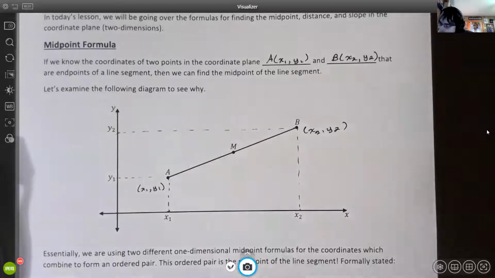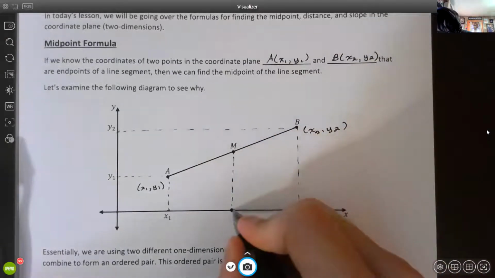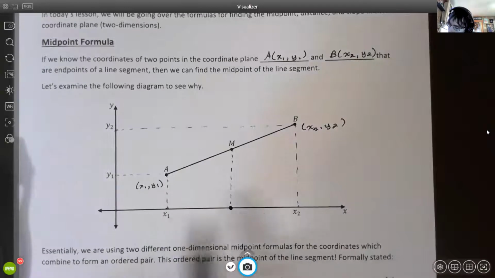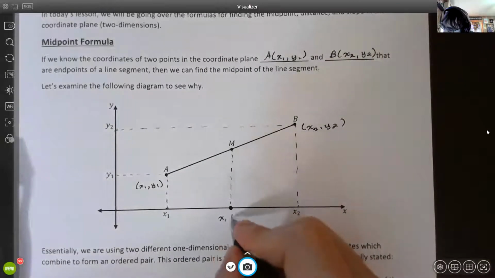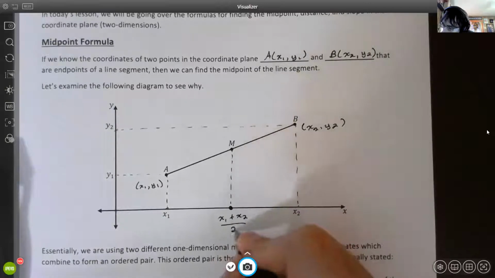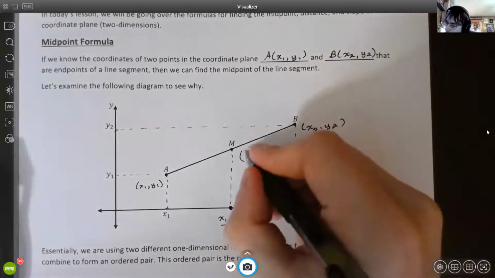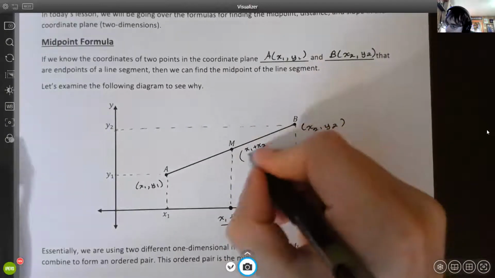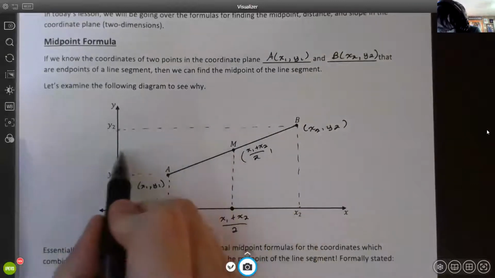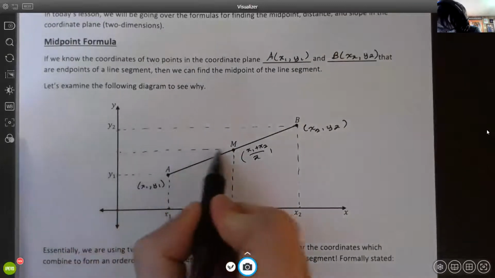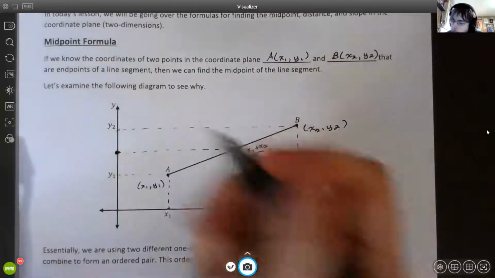So the midpoint here, the x coordinate is found by taking the average of x1 and x2. And what we do there is we take x1 plus x2 and divide by 2. So that's our x coordinate for the midpoint. And likewise, with the midpoint of the y's, we take the average of y1 and y2.